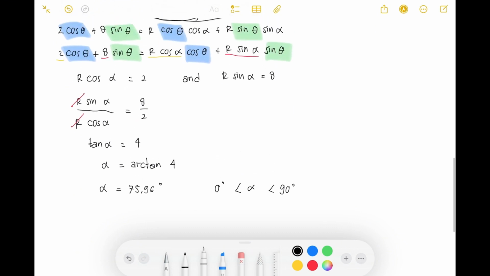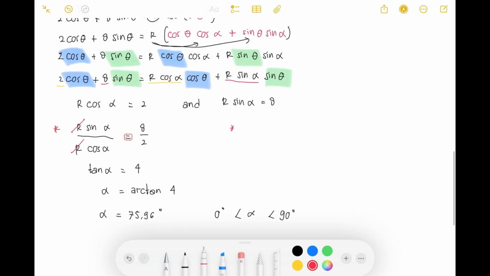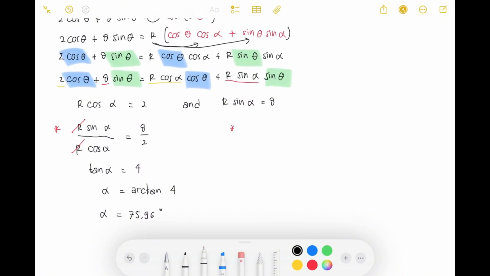Now we're gonna find the r value. How do we find the r value? This is the first one, yeah? You need to divide to find the alpha. The second one, in order to find the r, we can add both of the equations, after squaring, that we have here.